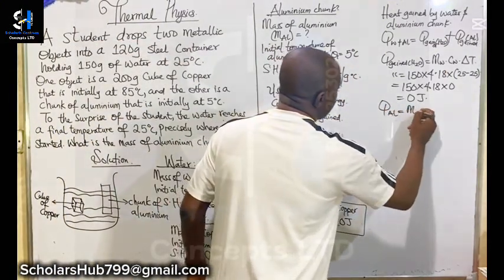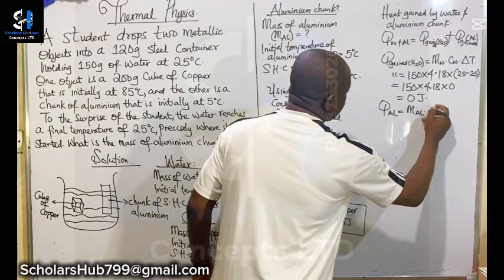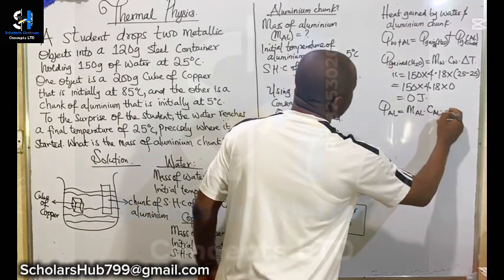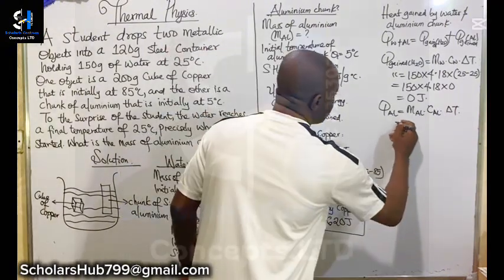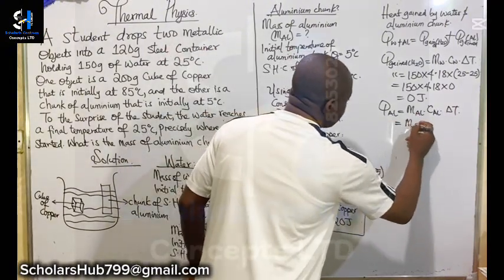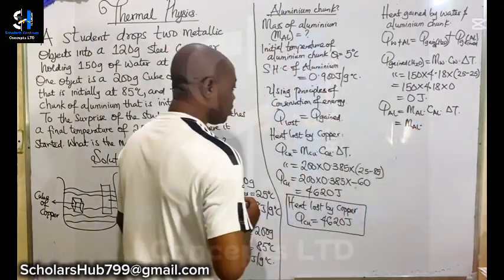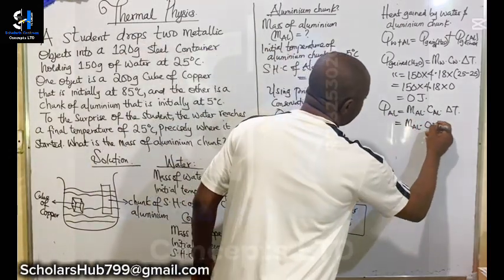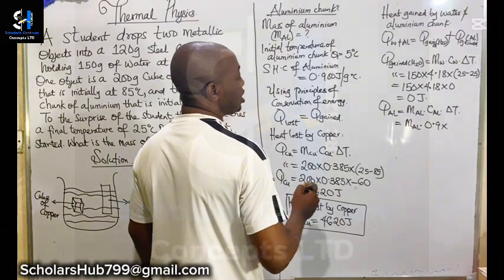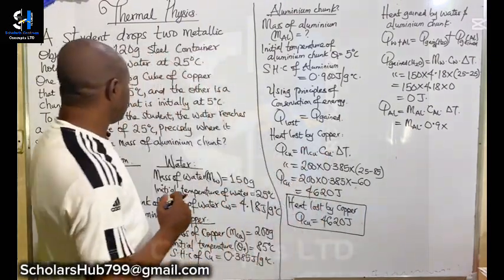Then for aluminium, that will be the mass of aluminium multiplied by the specific heat capacity of aluminium, multiplied by the temperature difference. The mass of aluminium is the unknown, the specific heat capacity is 0.9 in CGS, multiplied by the temperature rise.